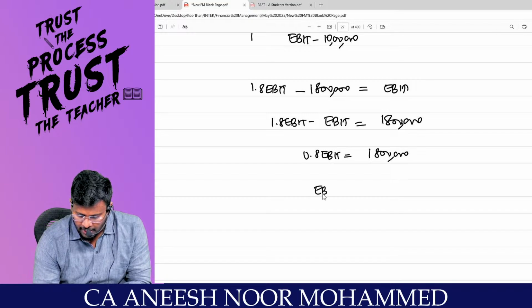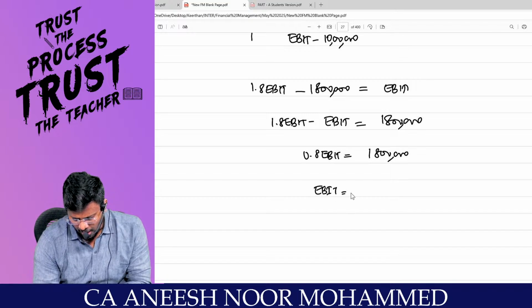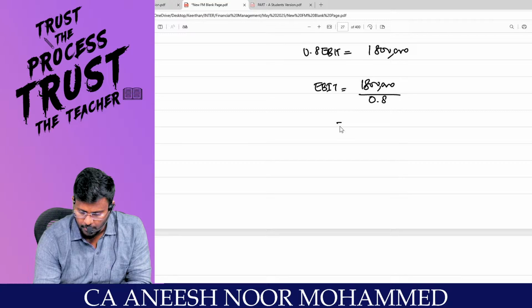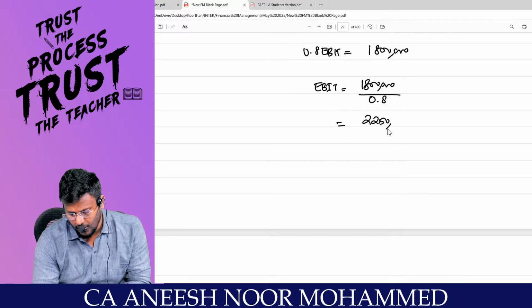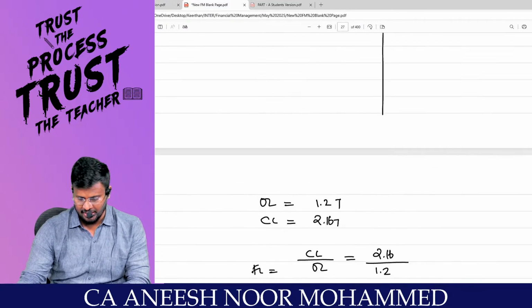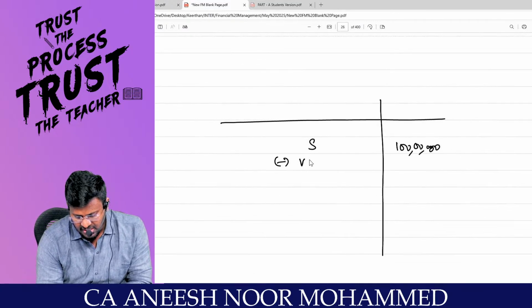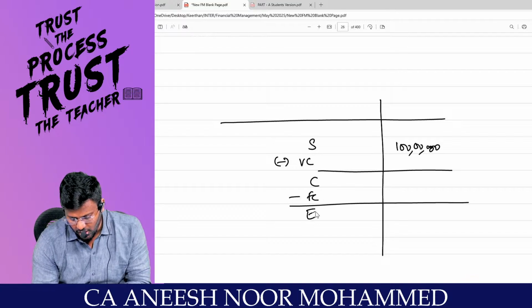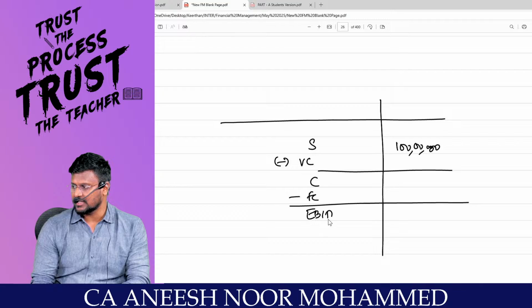So EBIT is equal to 18 lakhs divided by 0.8 comes to 22 lakh 50,000 is the earnings before interest and tax. I can copy here. Sales minus variable cost is contribution, minus fixed cost is earnings before interest and tax.